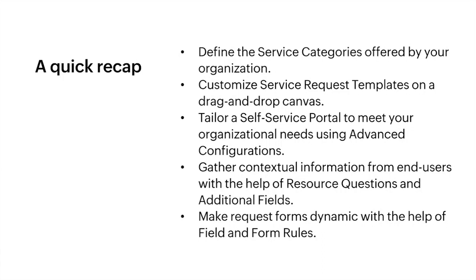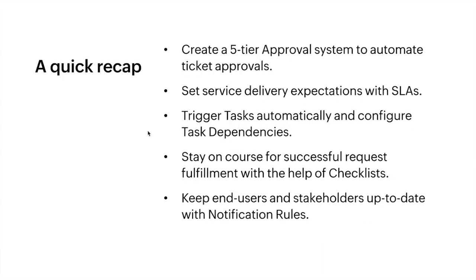And you can also make use of the field and form rules. So we have an approval system which can go up to 5 levels of approvals, and we also have known how to set the service level agreement for service request and the difference between the incident and service template.